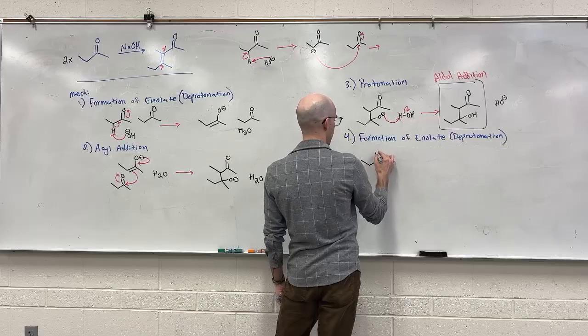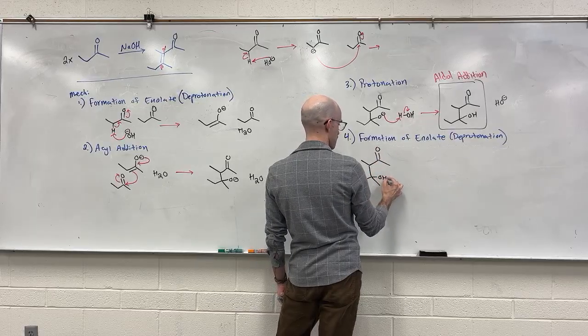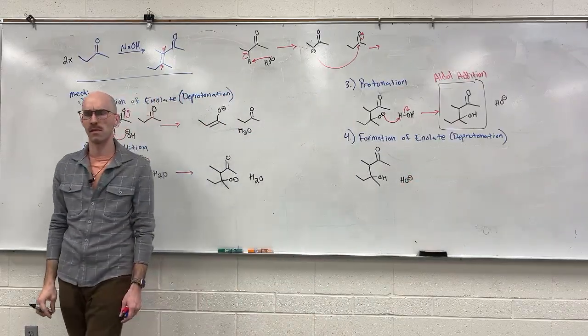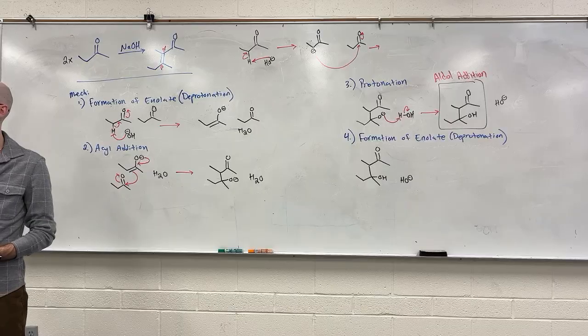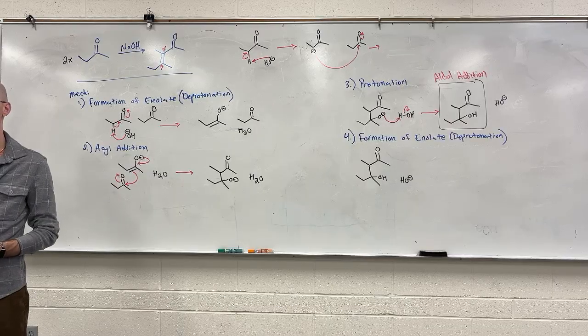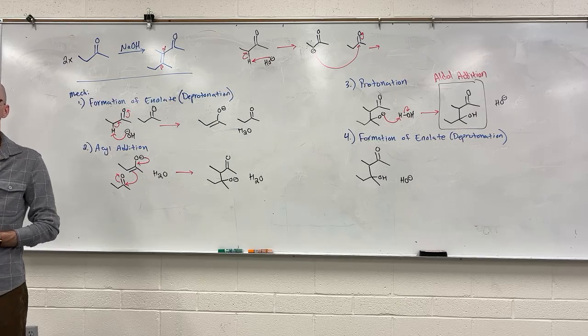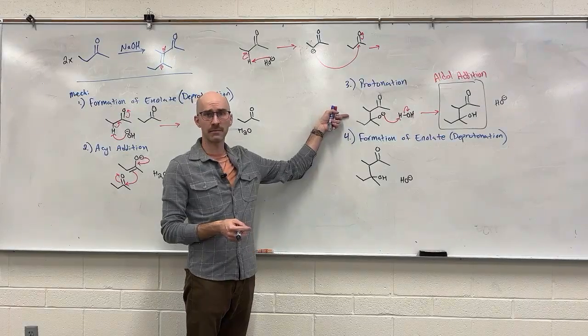How do I form an enolate here? I'll need to deprotonate. From where? Yeah, if I deprotonate the OH, would you agree that that just takes me back a step?